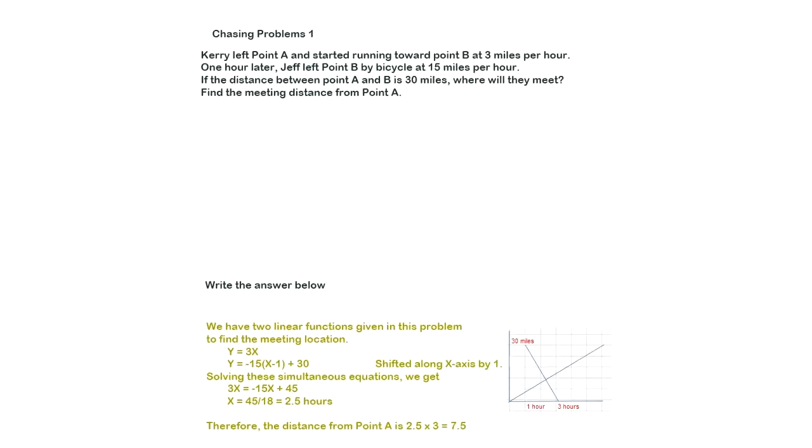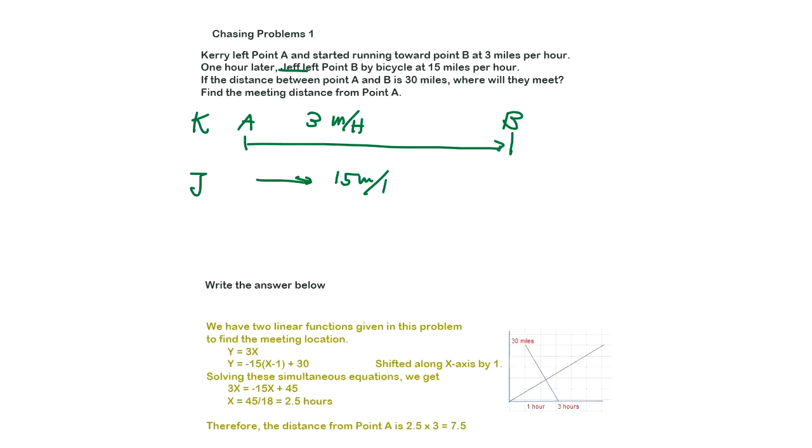Okay, here's example 1, chasing problem 1. Kelly left point A toward B at 3 miles per hour. Okay, so let's break it down. A to B at 3 miles per hour, right? That's Kelly. And Jeff did the same thing at 15 miles per hour, because Jeff is on a bicycle.